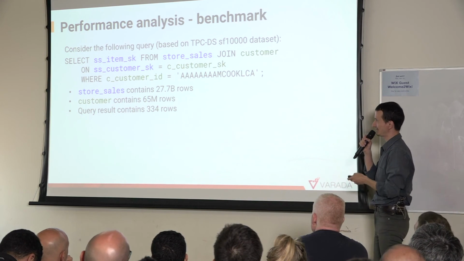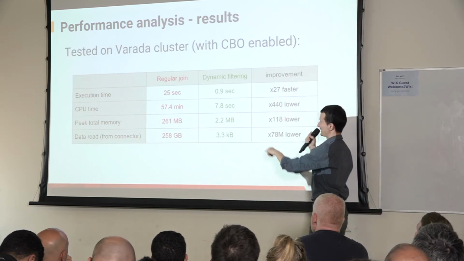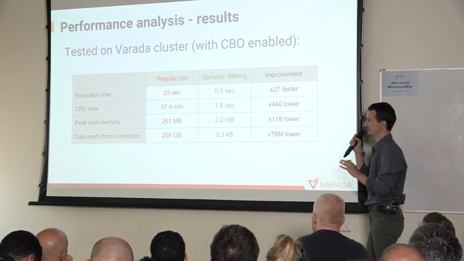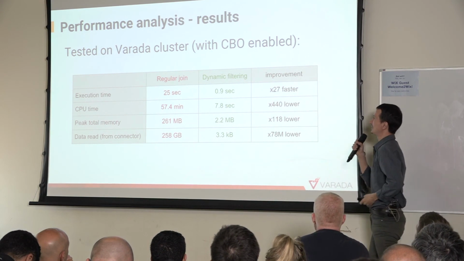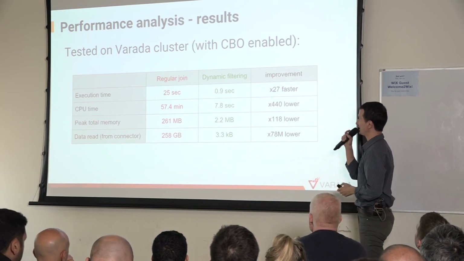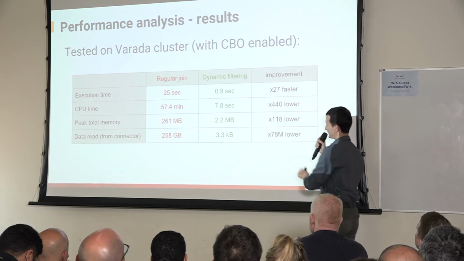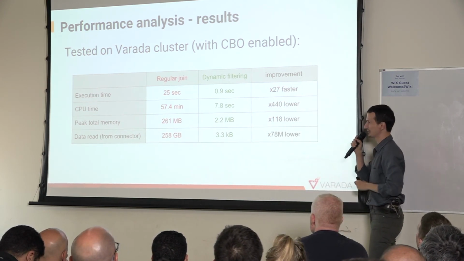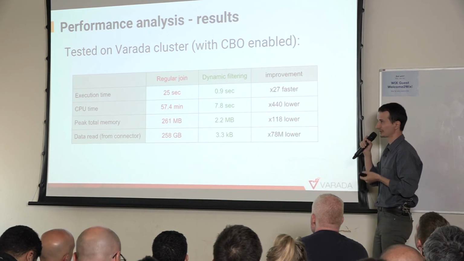So let's take a look at the numbers. The red column is a regular join with CBO enabled running on our cluster. You can see that when we enable dynamic filtering, we process much, much less data, about 8 orders of magnitude less data, because the connector just skips the non-relevant rows.